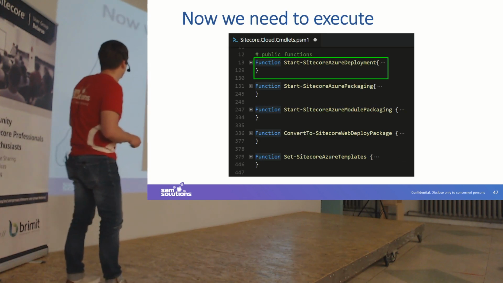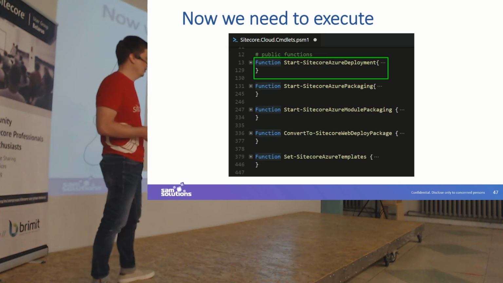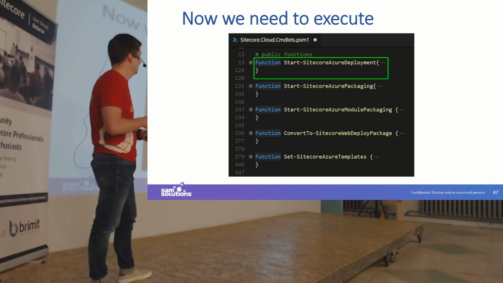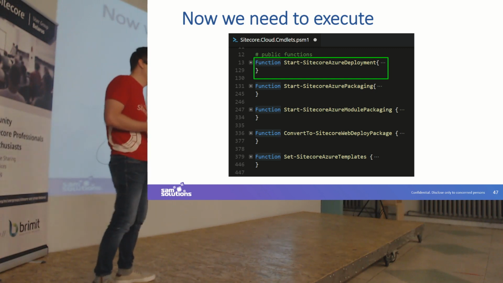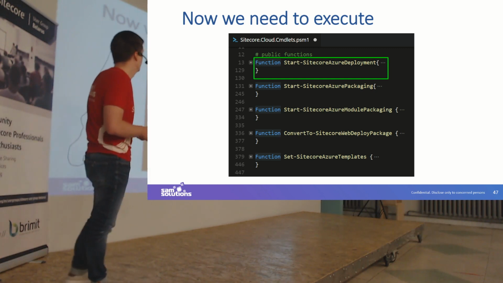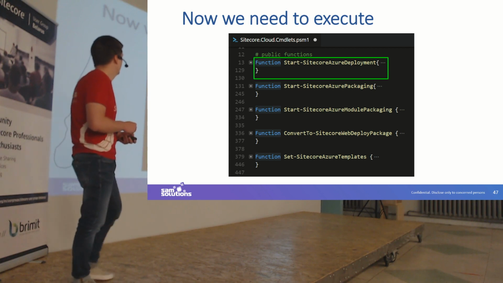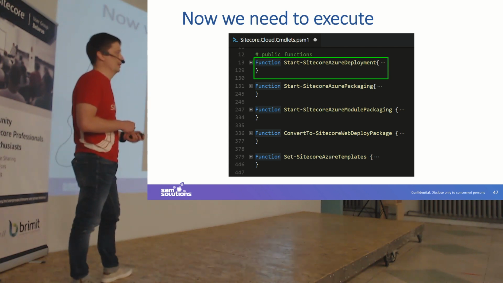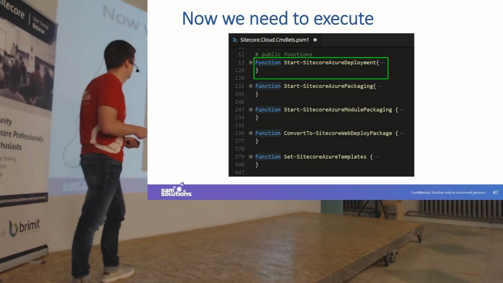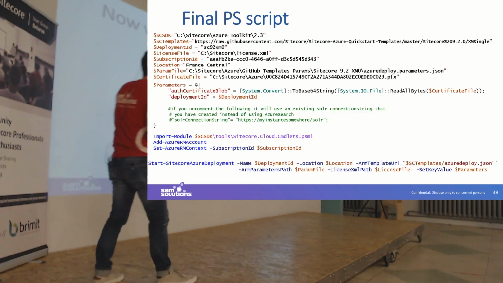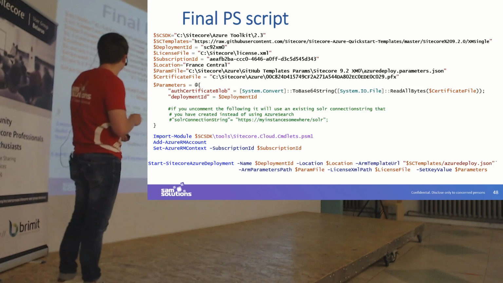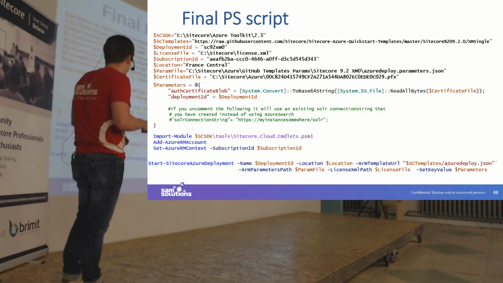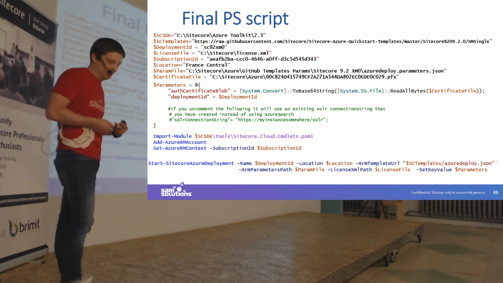Okay, and now we come back to our script included in Azure Toolkit. Right now, we need to execute another function, Start-SitecoreAzureDeployment, and some more parameters are required. So here you can see the final script.